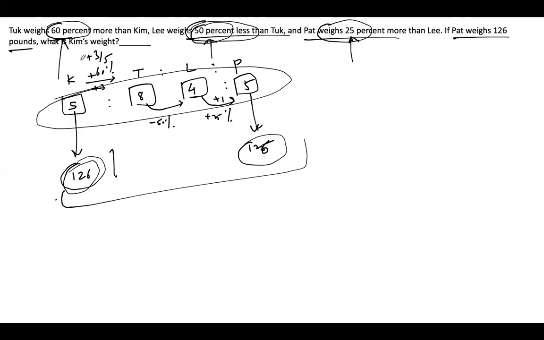Since the value of Pat's weight was given, I used it to solve the equation. Okay, you can go by the equation way, but as I can see, you have taken more time.